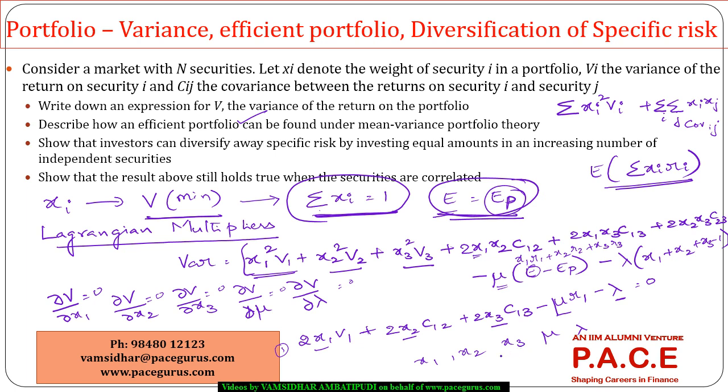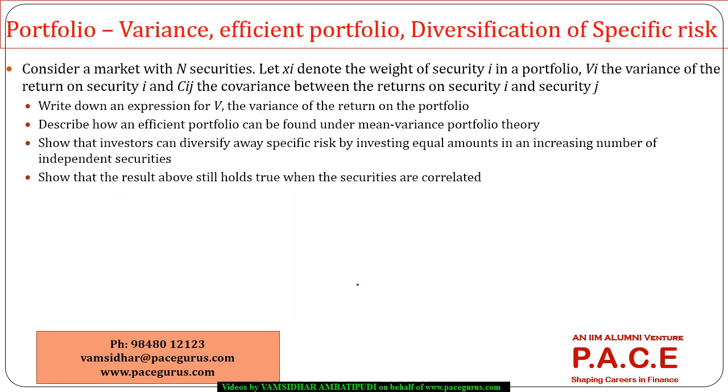That gives me the solution, and what I get as x1, x2, x3 I can take as the weights associated with the minimum variance portfolio, where the overall portfolio will have a minimum variance.